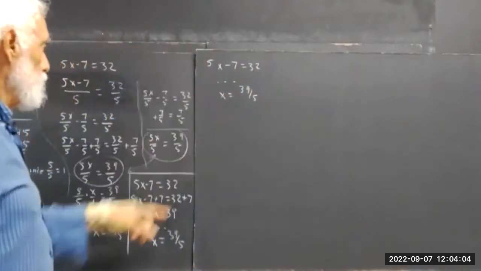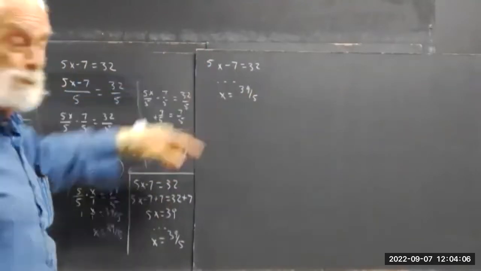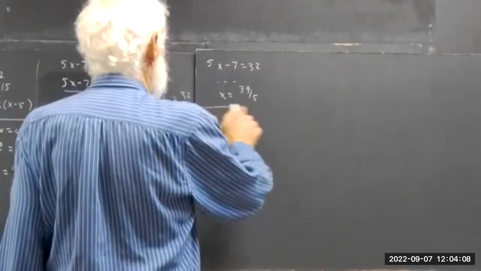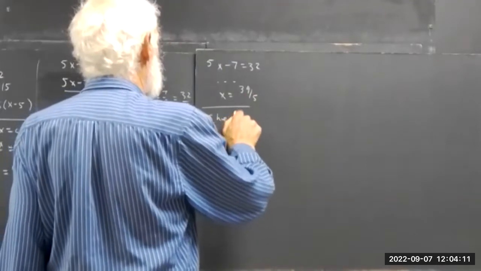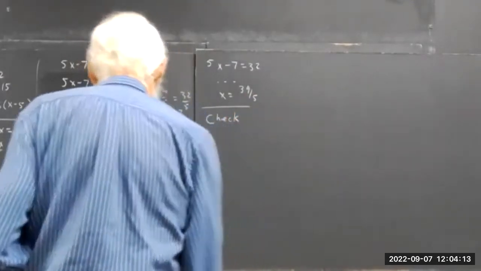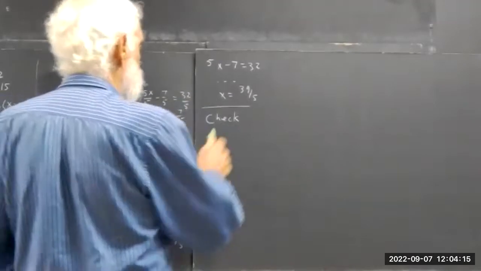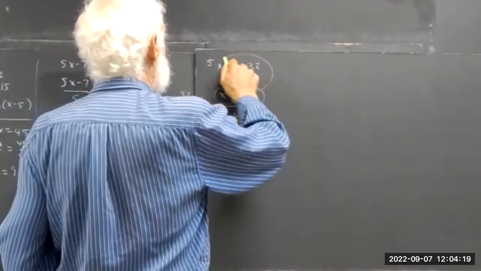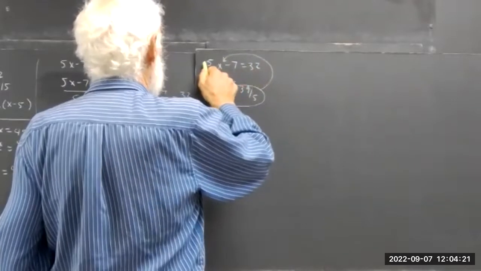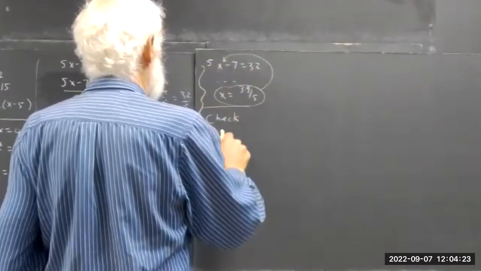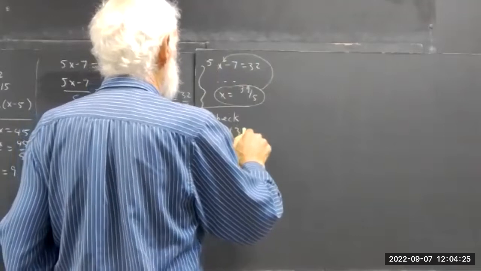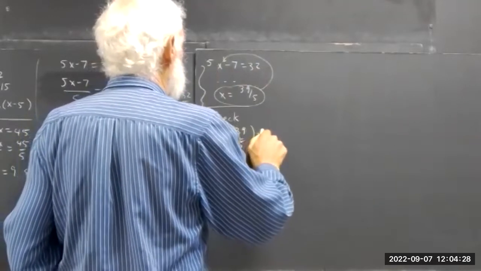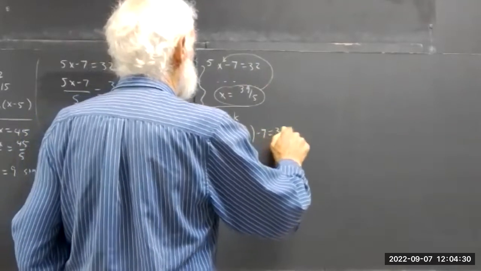We've got this equation we just solved. It starts here, it ends here. Well, we check. X is 39/5. We plug that back in here. That gives us the equation 5 times 39/5 minus 7 equals 32.